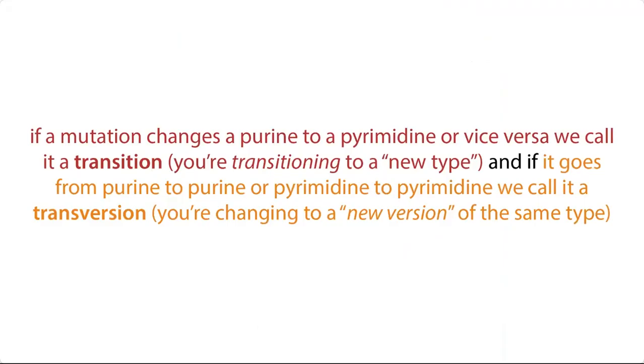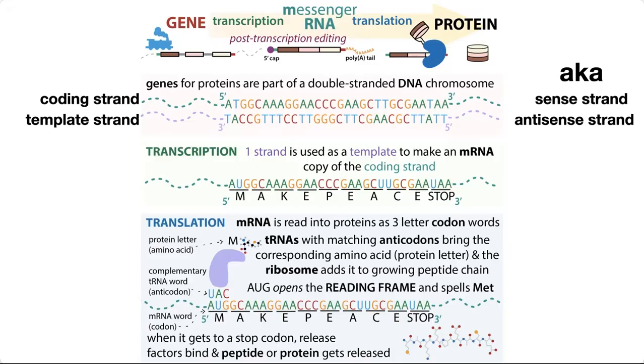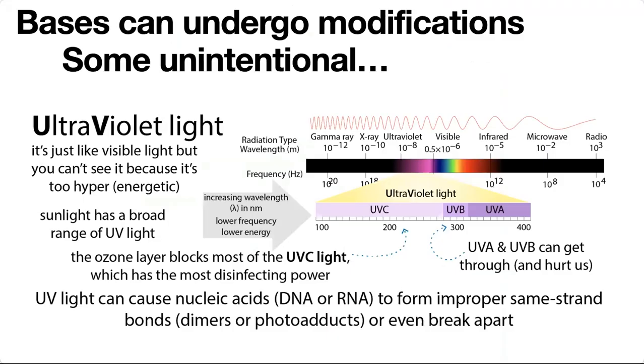If we talk about the mutations, if it changes a purine to a pyrimidine or vice versa, we call it a transition because you're transitioning to a new type. You're going from a purine to a pyrimidine. If it goes from a purine to a purine or from a pyrimidine to a pyrimidine, we call it a transversion because you're changing to a sort of new version of the same type. And this can occur through things like UV, methylating agents, and random spontaneous events.